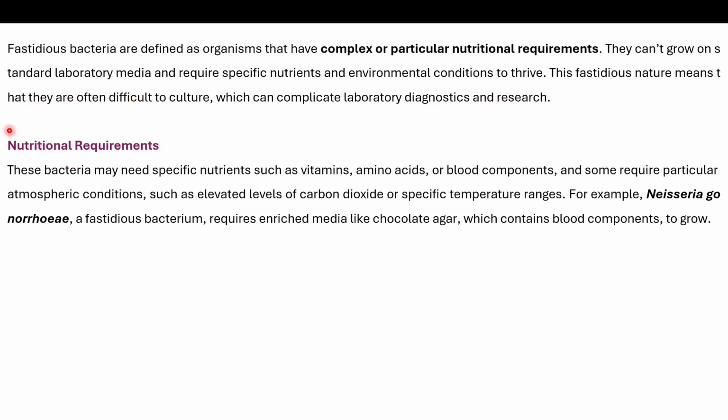When we talk about the nutritional requirements, these bacteria may need specific nutrients such as vitamins, amino acids, or blood components, and some may require particular atmospheric conditions like elevated levels of carbon dioxide or specific temperature ranges. For example, Neisseria gonorrhoeae, a fastidious bacterium, requires enriched media like chocolate agar, which contains blood components for its growth. Okay.